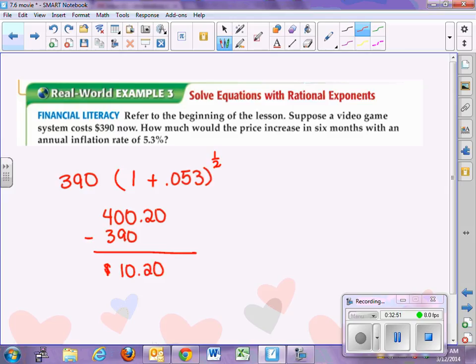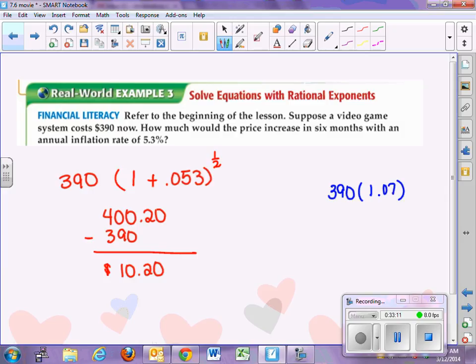So again, I know I didn't talk about this at length, but if you bought something for $390 and there was a 7% tax, you would multiply by 1.07 to find out how much you're going to pay.